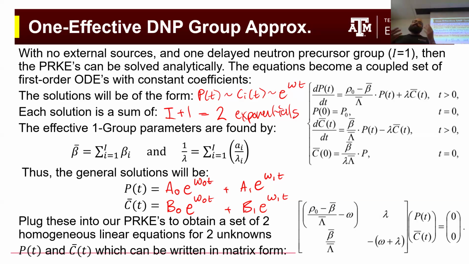In matrix form, this is what the equation looks like. Once you get to that form, you'll hopefully recognize that this is that fun linear algebra form where, if we want non-trivial solutions for the system, the determinant of this coefficient matrix has to be 0.